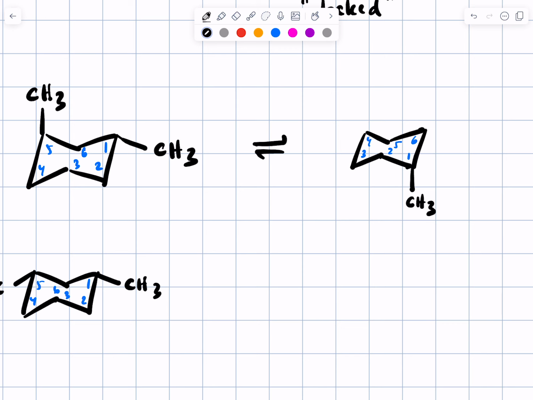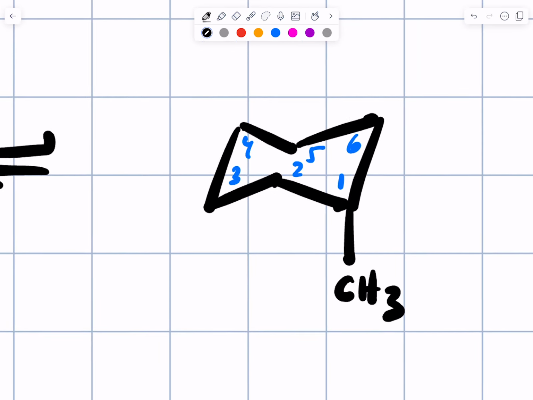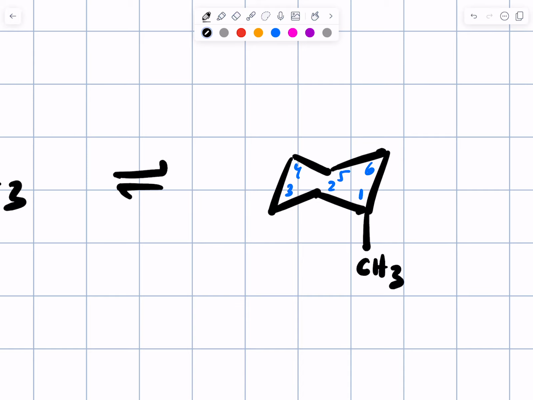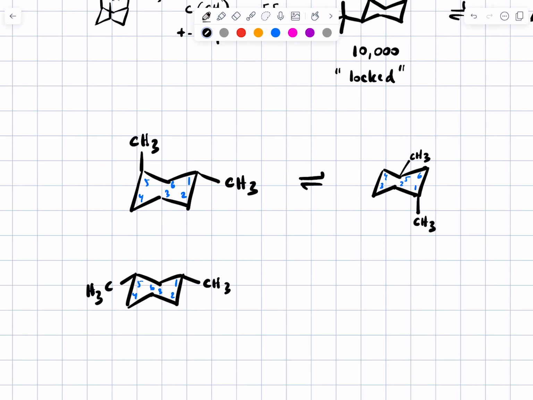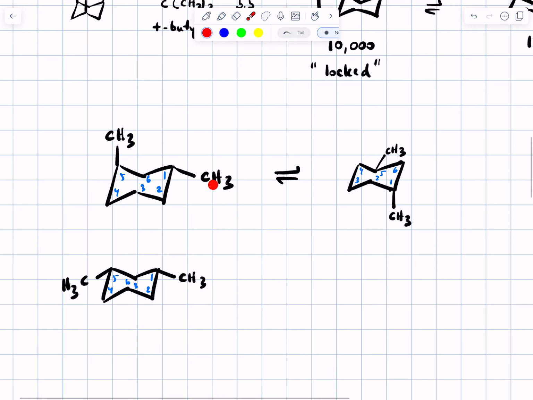And then on carbon 5, we had an up axial substituent. On the right, carbon 5 is a down carbon. The up position is an equatorial position. So we used to have carbon 1, methyl group equatorial, now it's down axial. Carbon 5 had an up axial methyl group, now it's up equatorial.